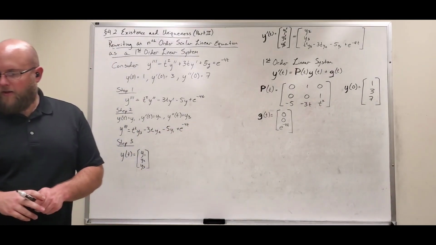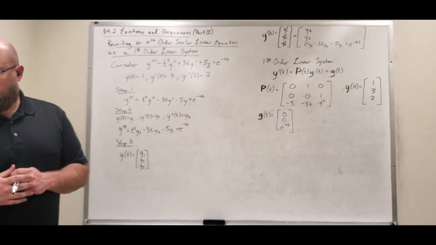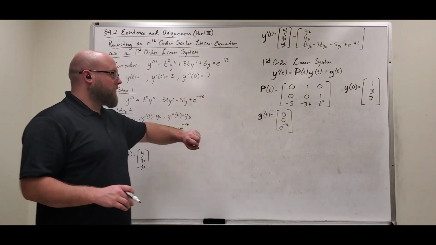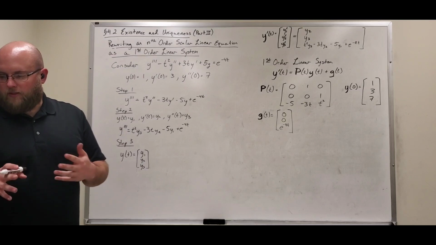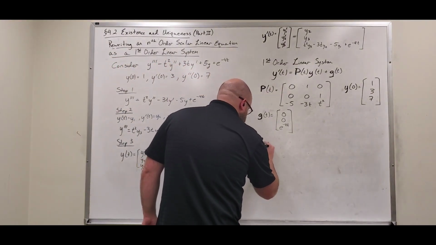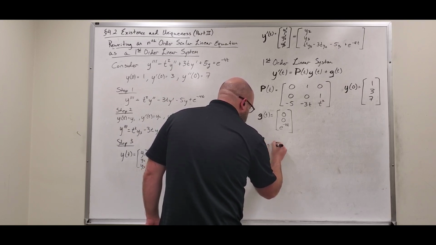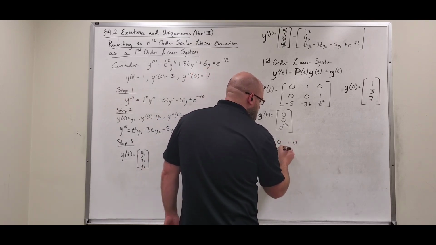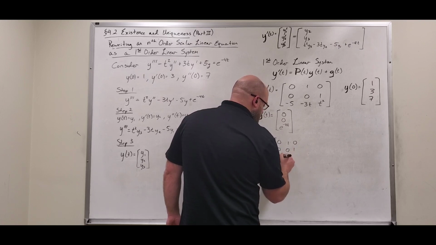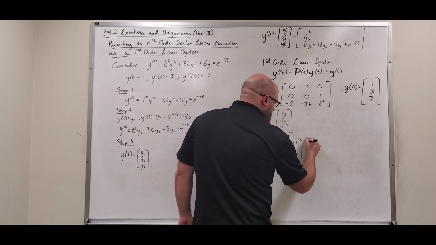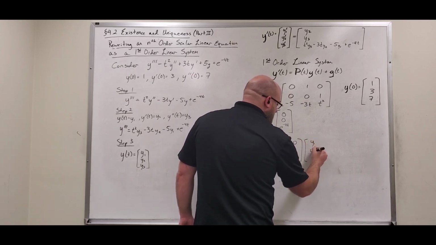All right. So if I were to rewrite this in a slightly different format to show you, again, this is what I would like to see, but this is another one that I would also like to see because this is a little bit cleaner looking, another way to write this. And it still has the matrix form. You write your p of t: 0, 1, 0, 0, 0, 1, negative 5, negative 3t, and t squared, multiplied by y1, y2, y3.